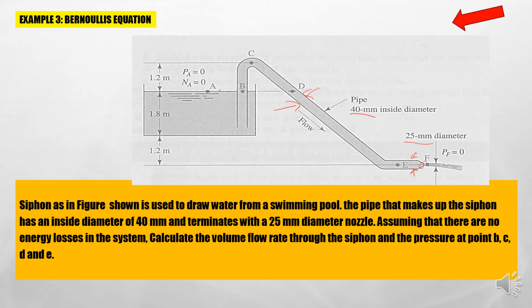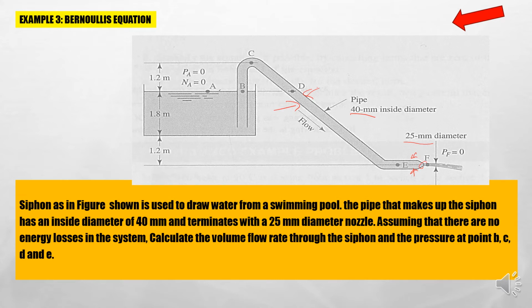As a summary, this siphon is being used to remove water inside the swimming pool. The siphon has a diameter at the beginning of 40 millimeter, and toward the end, near the nozzle point, the diameter is reduced to 25 millimeter.